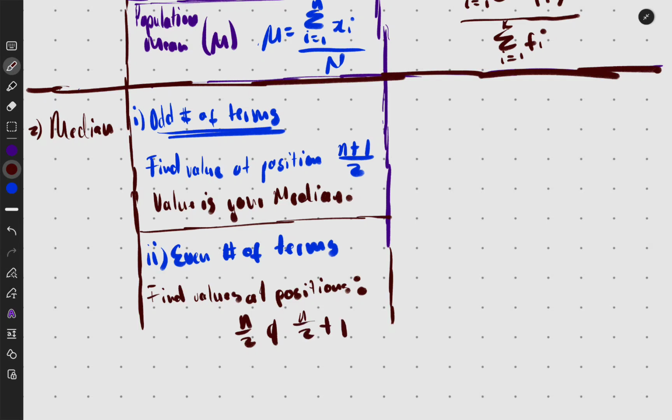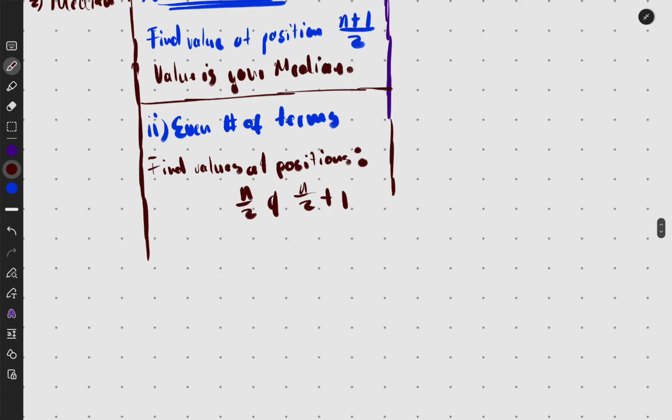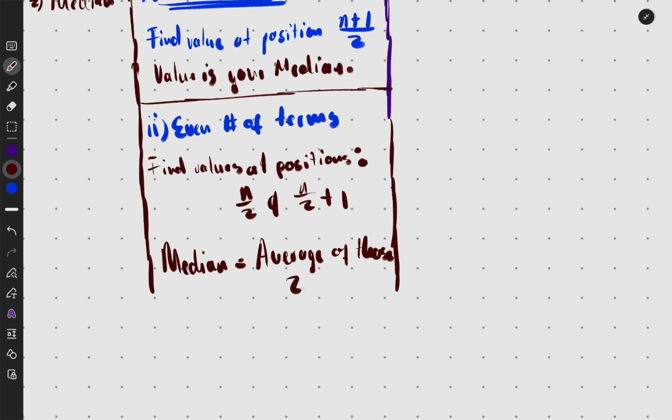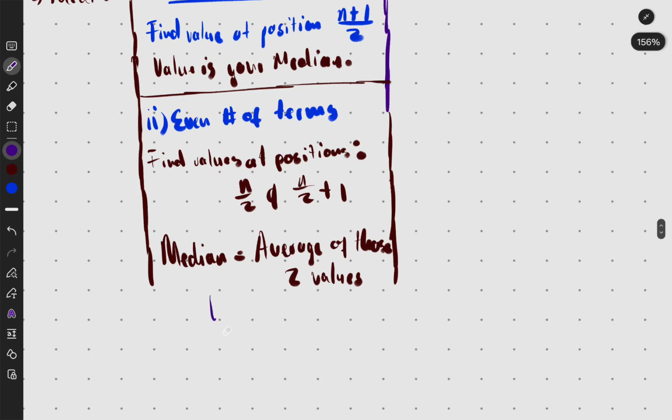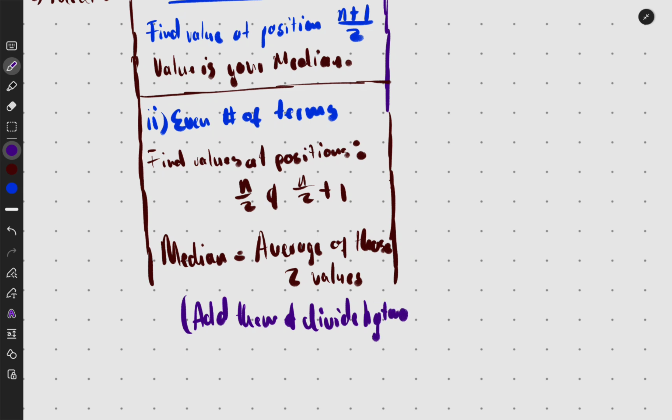You go to these 2 positions and find the values at these 2 positions. Once you find them, the median will be equal to the average of those 2 values. What does it mean to average those 2 values? Add them and divide by 2. That's how you get the median for an even number of terms, when it's still ungrouped data.